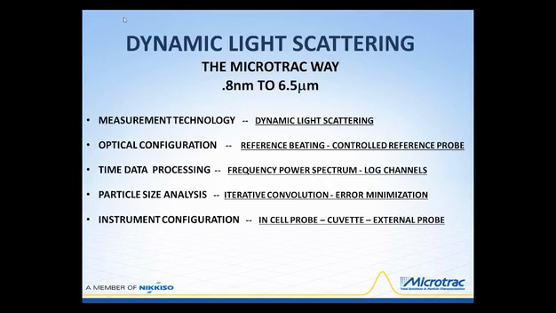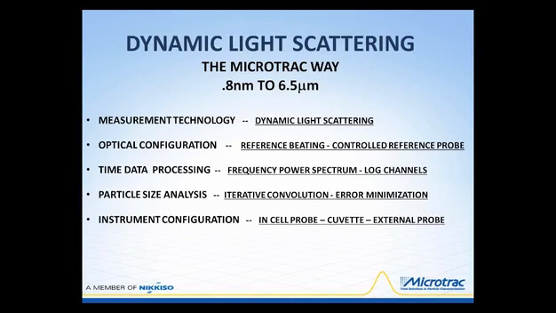The Microtrac way is using the measurement technology of dynamic light scattering. We have an optical configuration that uses reference beating and creates the reference through the controlled reference probe.